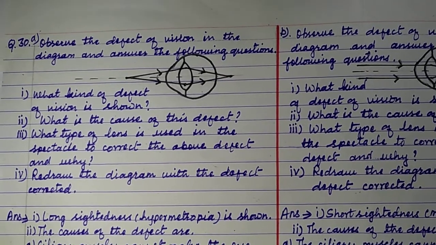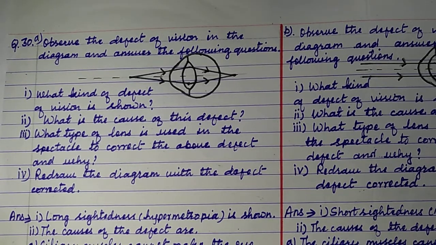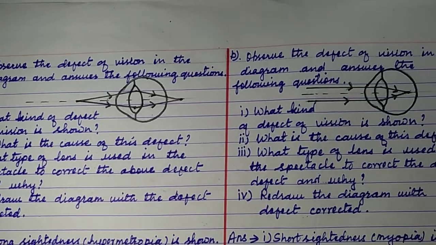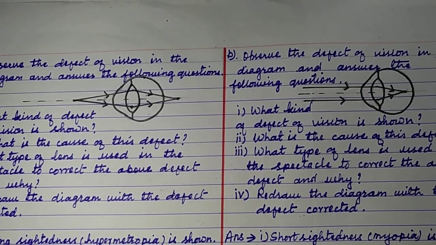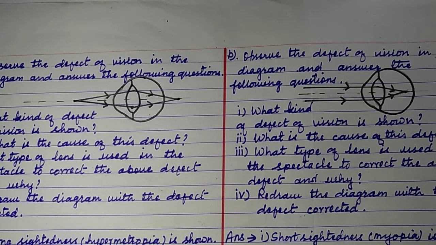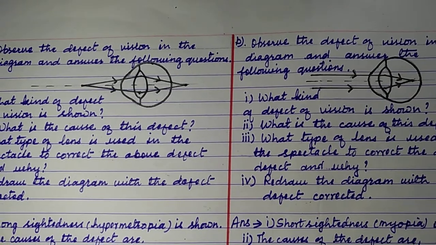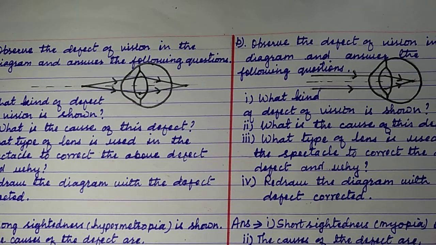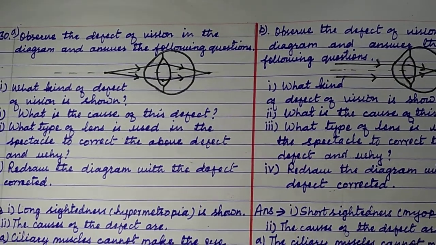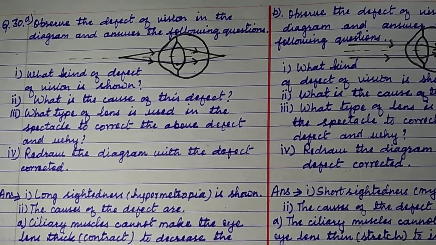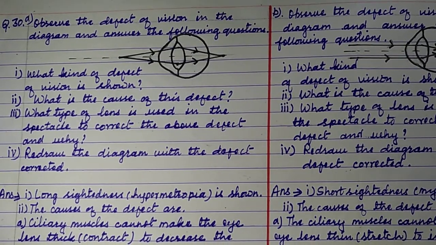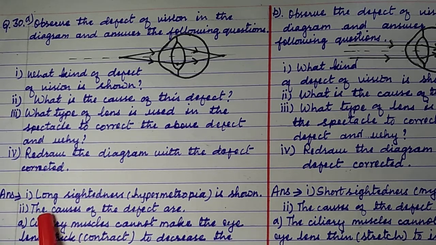Question number 30. Observe the defect of vision in the diagram and answer the following questions. Two diagrams are given side by side and similar questions follow the diagram. We will see what these defects are. If you study these defects side by side, it will be easier for you to understand and remember. The first question is, what kind of defect of vision is shown in the diagram?